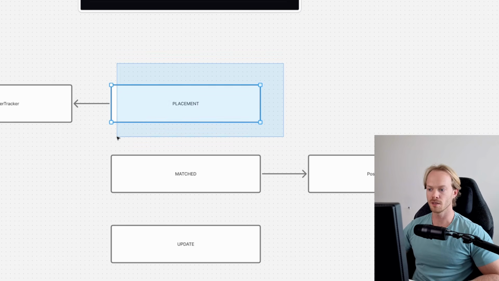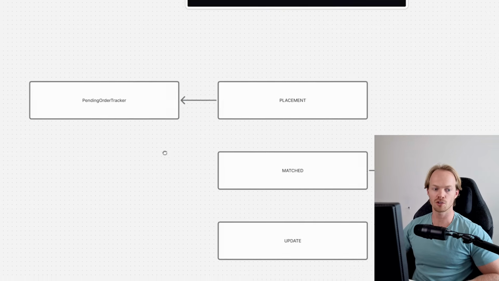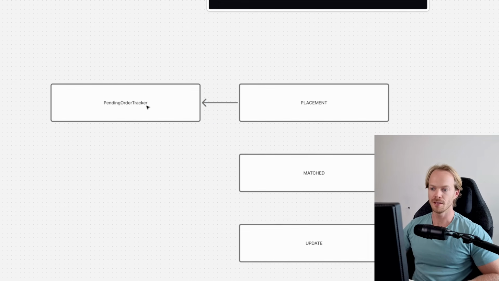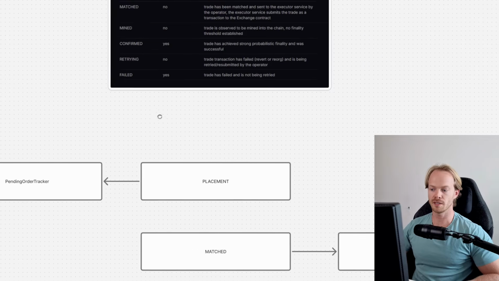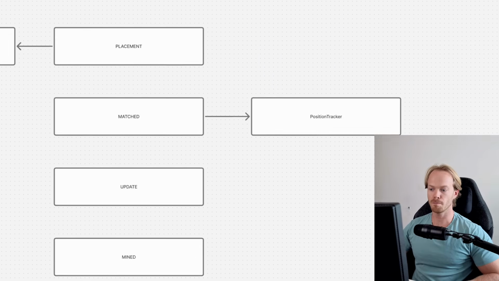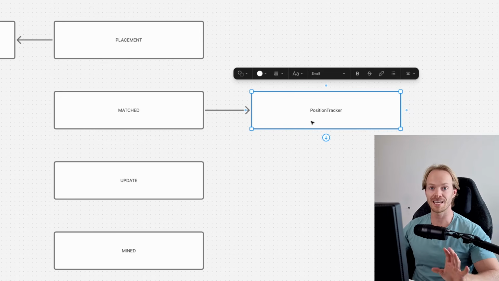So when the placement happens, I listen for the user events. When we get the placement, that's when we place the order into what I call the pending order tracker. The pending order tracker then just monitors for these statuses that I just showed you. And when we get them matched, that's when we take the order from the pending order tracker over to the position tracker. Now we actually have a live position that we need to monitor.